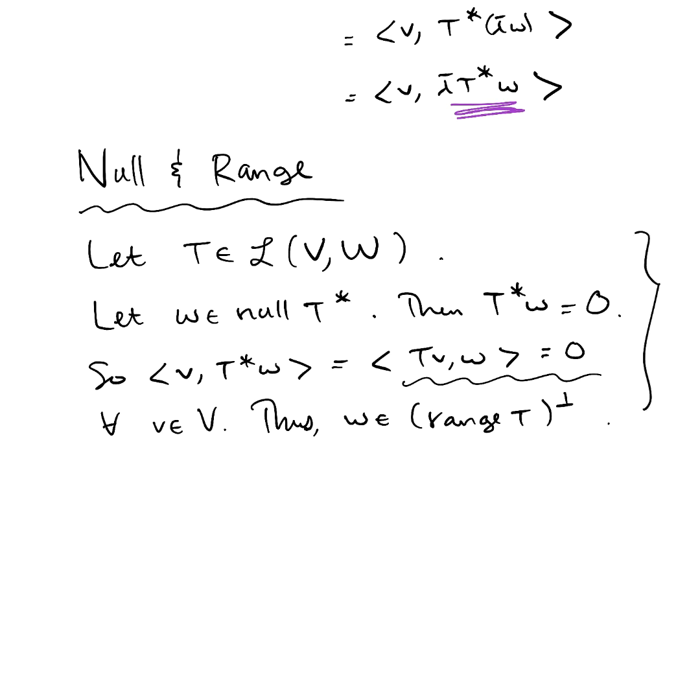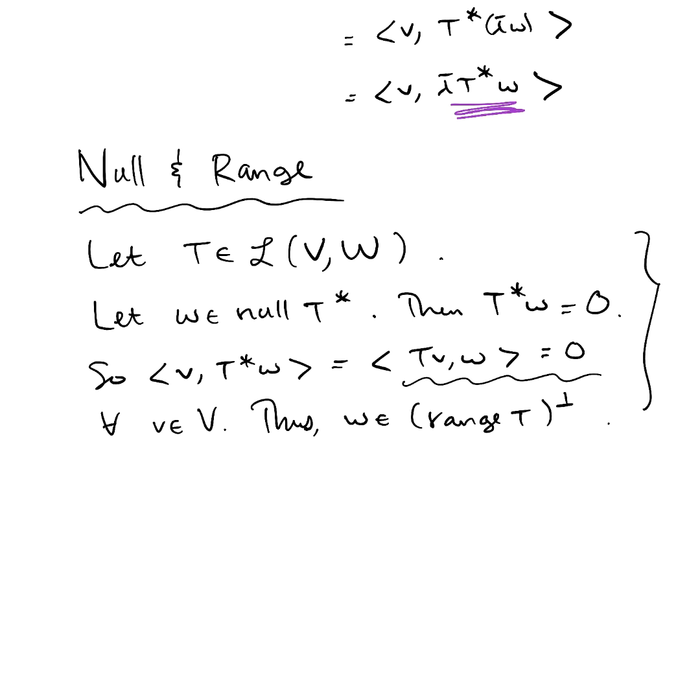We started with a W in the null space of T star and concluded that it was in range T perp. So we just proved that null T star is a subset of range of T perp.